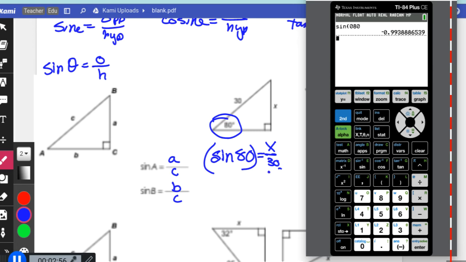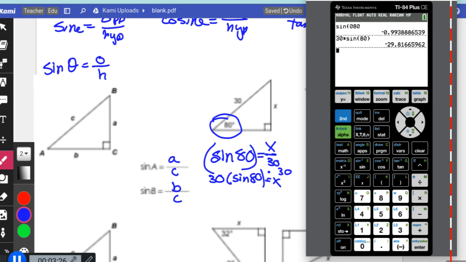So we multiply both sides by 30: 30 times sine of 80 equals x. I could have changed sine of 80 to the decimal right away, but if I'm going to do it on my calculator anyway, it doesn't matter. So I'm going to do 30 times sine of 80.